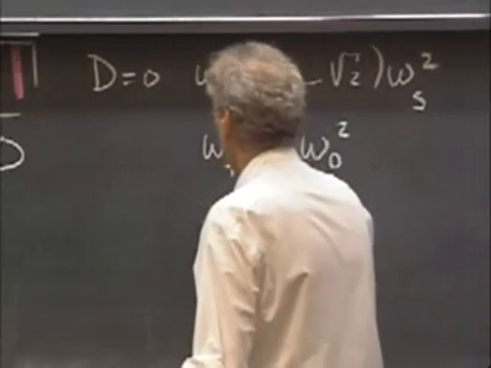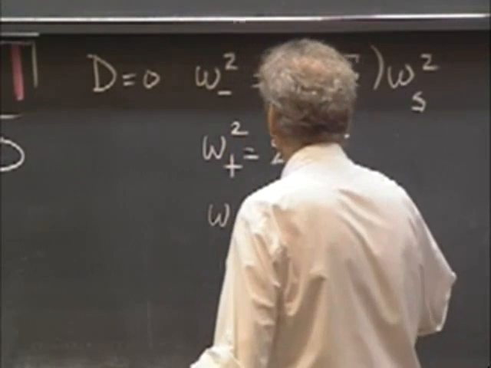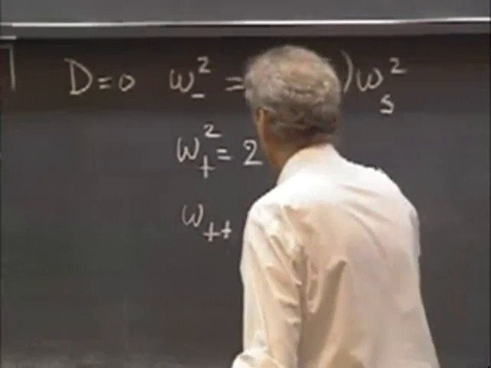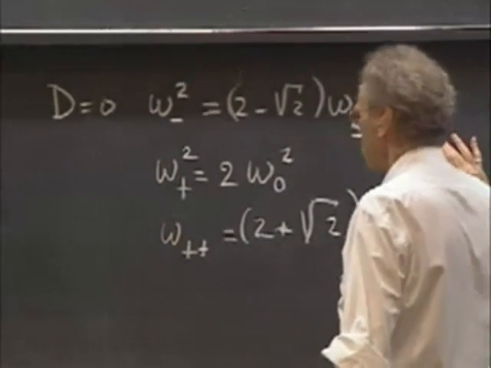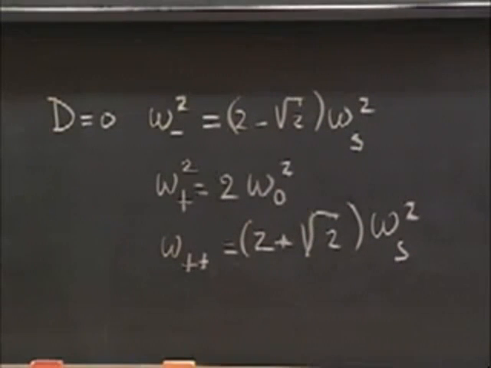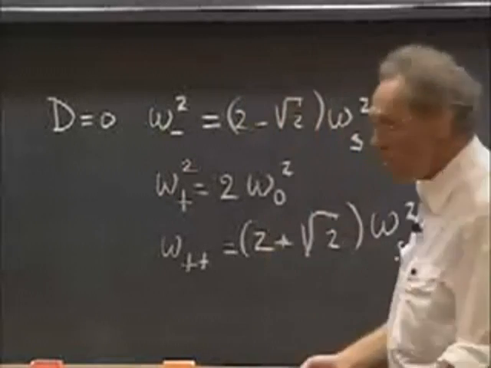And the one that follows then, which I will call omega plus plus, is going to be 2 plus the square root of 2 times omega s squared. None of these are, of course, intuitive, but none of the resonance frequencies of our coupled double pendulum were intuitive. There's no way that you can even look at this and say, oh yeah, of course.